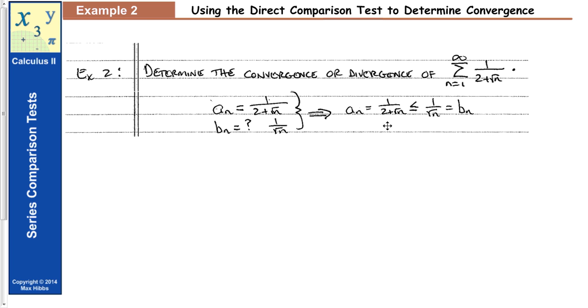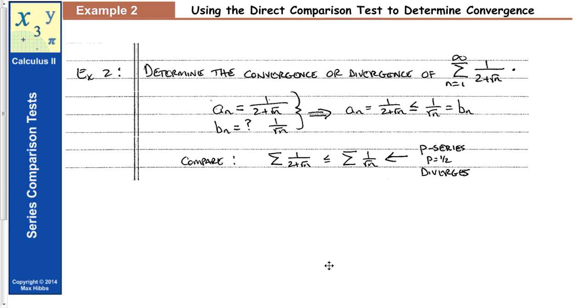Well, about the only thing I could think of is lopping off the 2 here. So if I compare 1 over 2 plus the square root of n, and I make the denominator smaller, now remember the numerator is not changing, so if the denominator is smaller, the fraction is bigger. And so I have a way to compare this to this, that is, the a sub n's are smaller than the b sub n's.